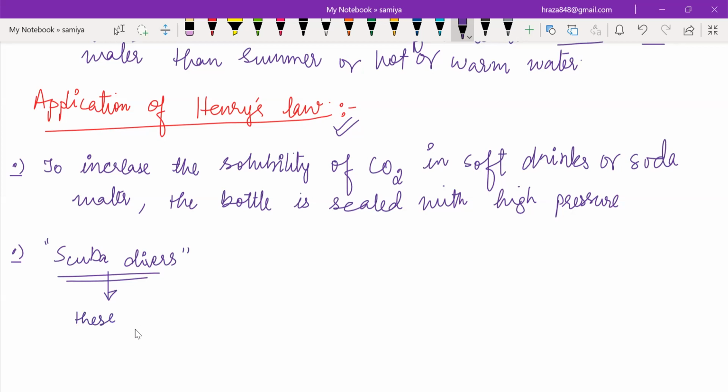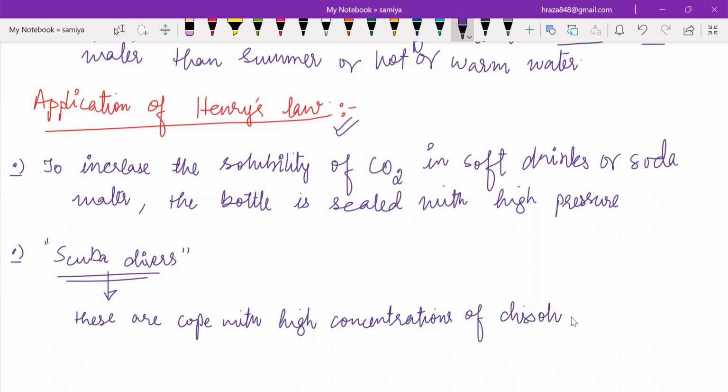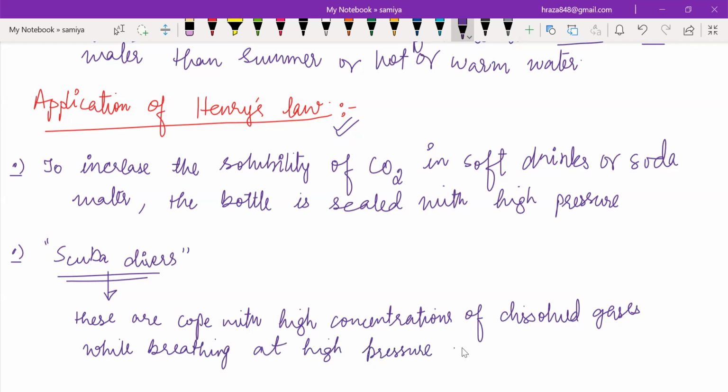These are to cope with high concentrations of dissolved gases while breathing at high pressure underwater.